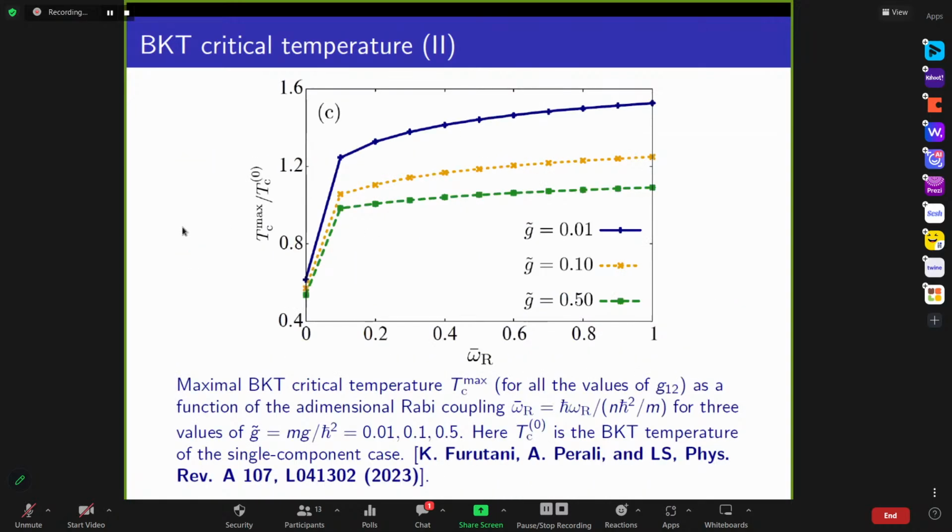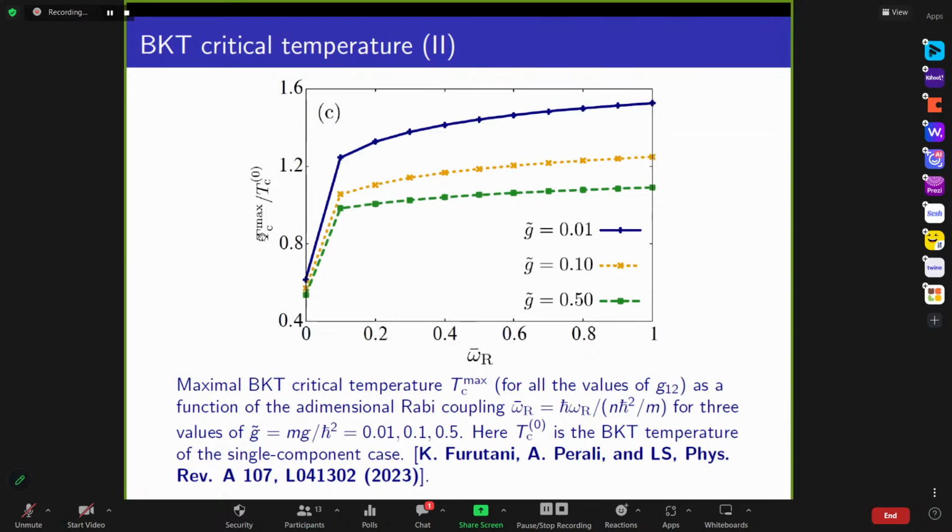If you want to see the plot of the critical temperature as a function of the Rabi frequency, this is shown here in this plot for three different values of the G tilde, where G tilde is nothing else than the G, namely the intra-species interaction in adimensional units.